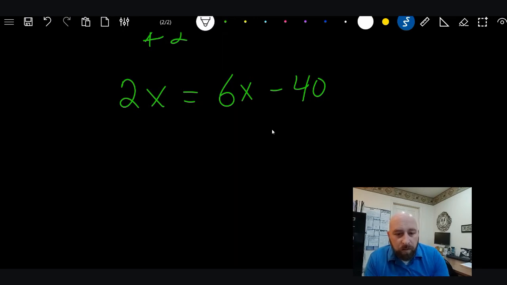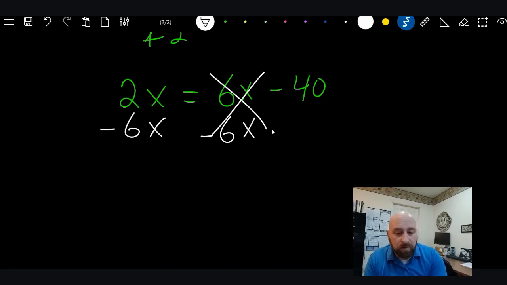Alrighty, so now we still have step number 2. We still have to get the letters to the other side. We need to take this 6x over here. And so if we have 6x, we need to subtract 6x. That will cancel, and we'll get 2 minus 6.